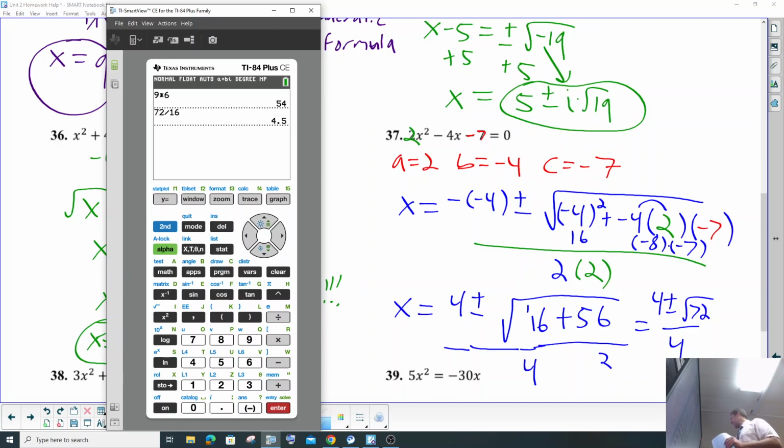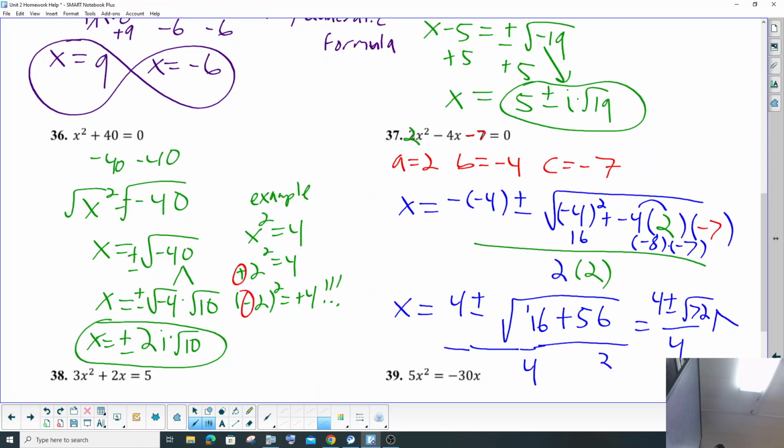It breaks down to 9 times 8, so the 9 works, but also 18 works. 72 divided by 2 is 36, and 36 is the perfect square. So this breaks down into 36 and 2.